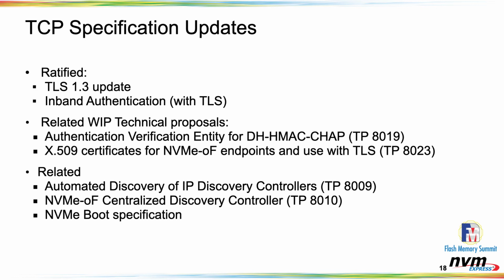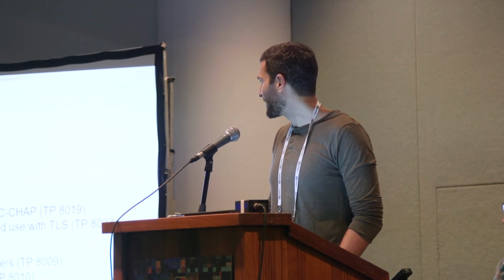There's a problem that you don't have a way to discover the discovery controller, so there's a new TP that defines how to use DNS service discovery to discover the NVMe discovery controller, or controllers, plural. That has already been ratified, and I know that people have been implementing it as well.